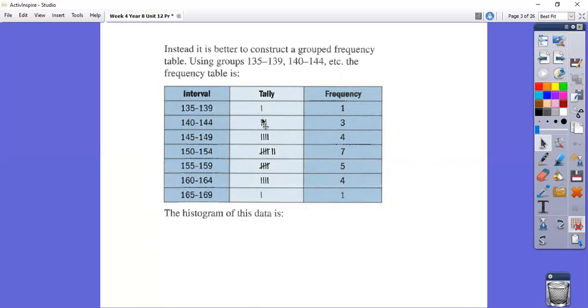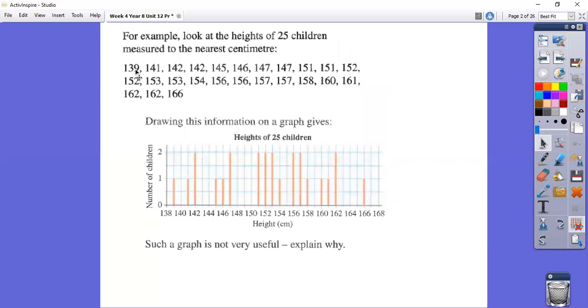And then, as you can see, you do the tally. You go through your data. Between 135 to 139 centimeters, there was one child, so the frequency was 1. For 140 to 144, there were 3 of them. Again, if you look at the original data, between those two measurements there's 1 of them. Between the other class intervals, there were 3 of them, and so forth.